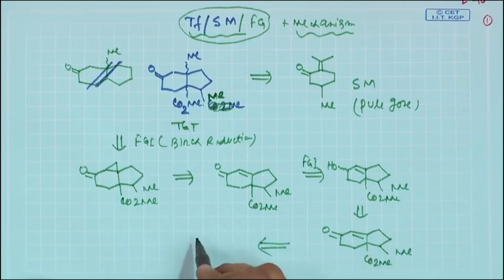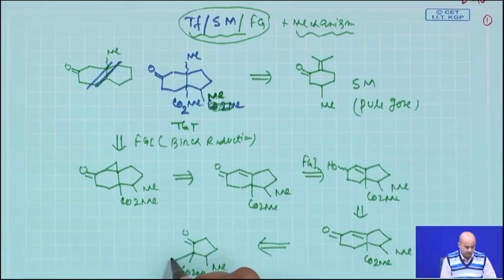Now, if you correlate, this methyl is here, this CO2Me is here, and this particular ring will be made through a Robinson annulation, which was earlier discussed to you.